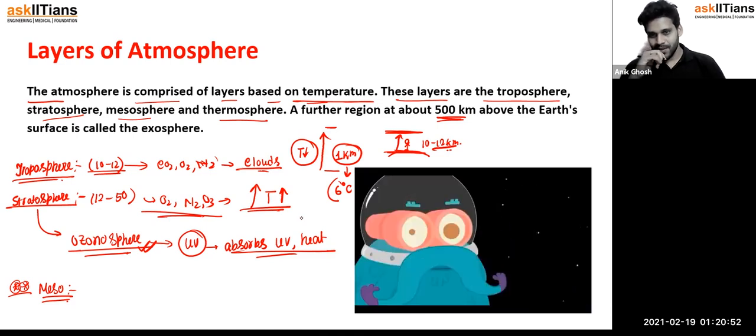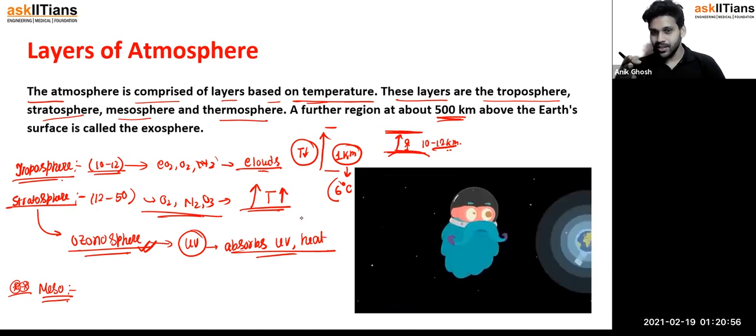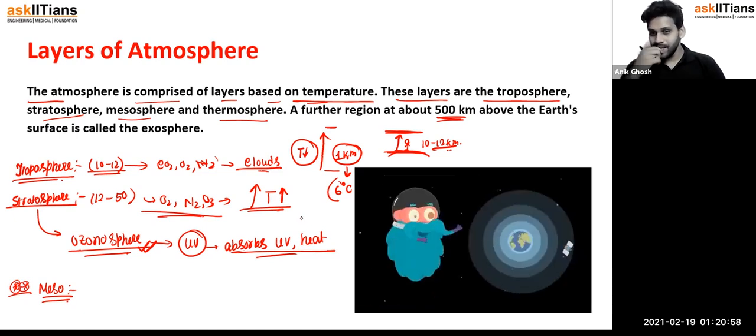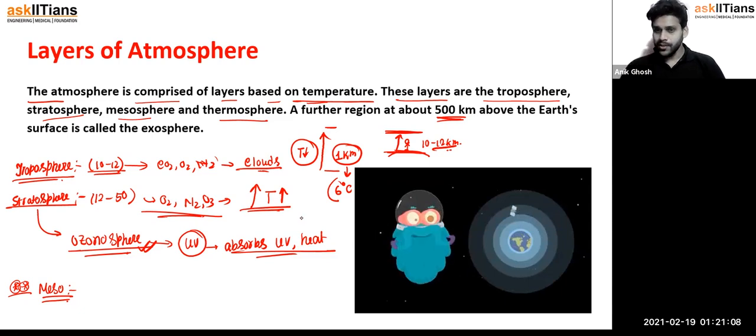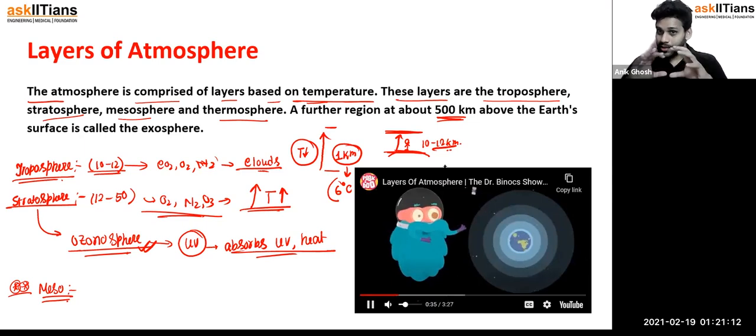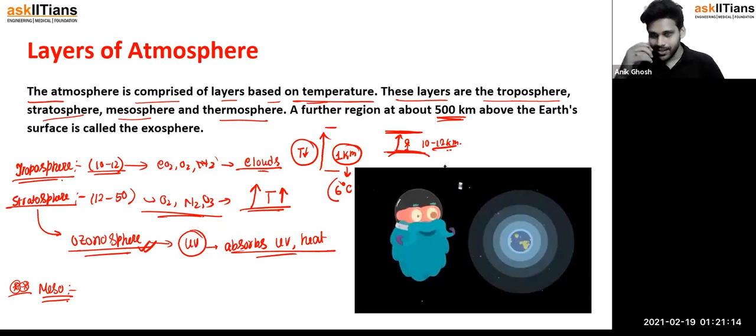So he is in space, right? And the blue ball over there is the Earth. Now you can see the layers over here, those white layers after the blue ball. That is the atmosphere.